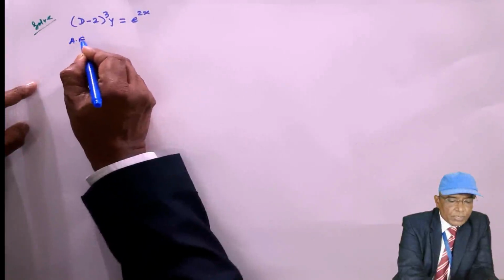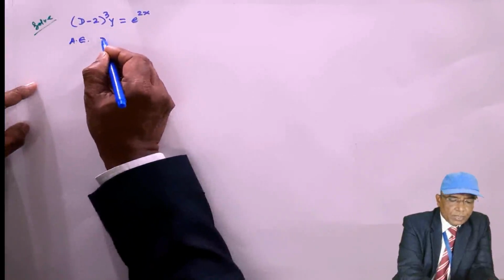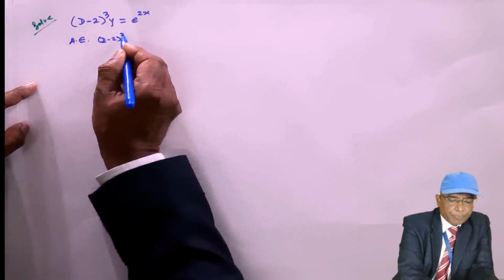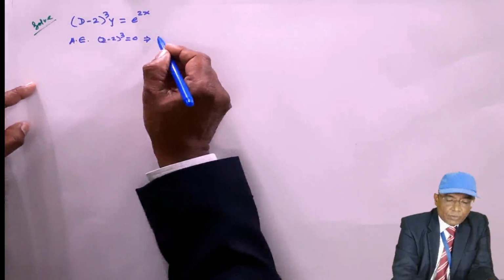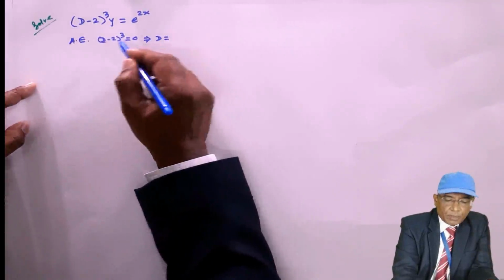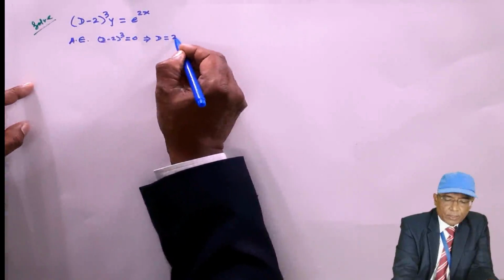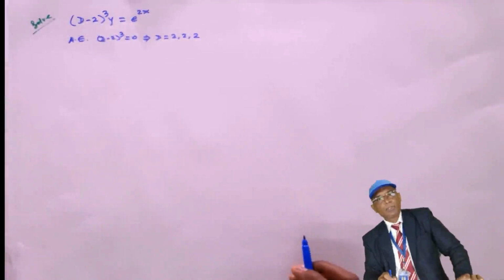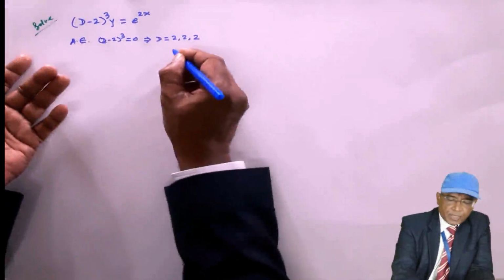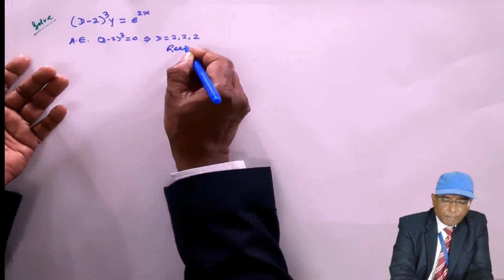Auxiliary equation: the coefficient of y is (d minus 2) whole cube equal to 0. It is very clear that you will be getting 3 values of d, but (d minus 2) whole cube means 2, 2, 2, so 3 values are there, and they are real and equal.